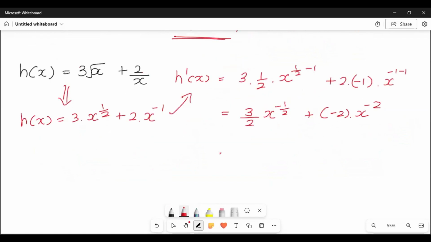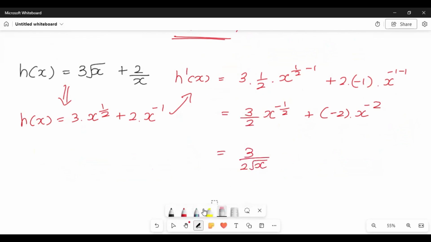We need to keep this without negative powers, so we can write it like this: 3 divided by 2 times square root of x, minus 2 divided by x to the power of 2. So this is going to be the answer.